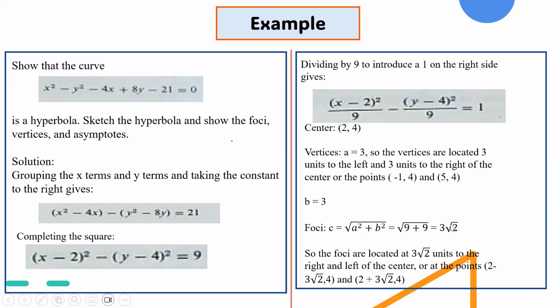So the foci are located at 3 square root 2 units to the right and the left of the center, or at the points (2 minus 3 square root 2, 4) and (2 plus 3 square root 2, 4).